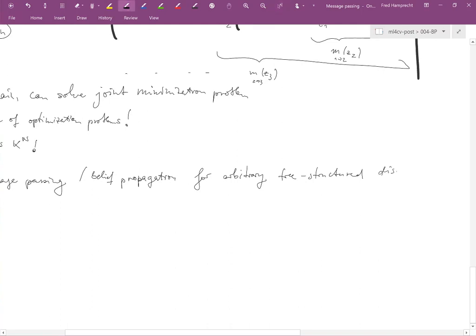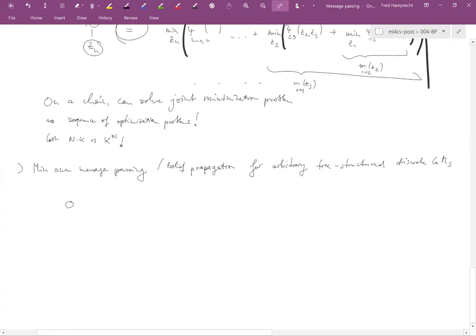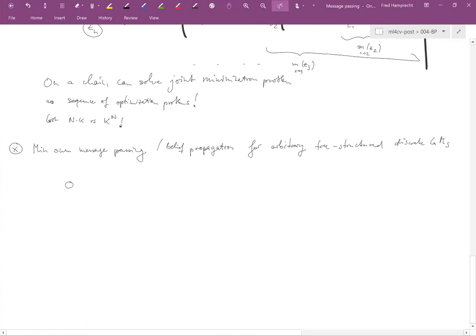I am making up some tree-structured graphical model here. Let's say that does the job.